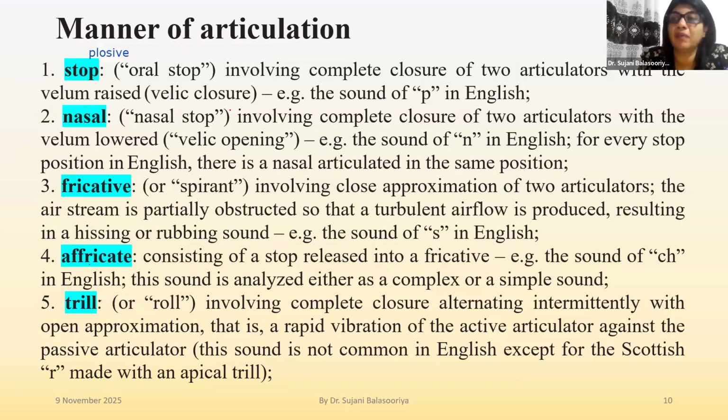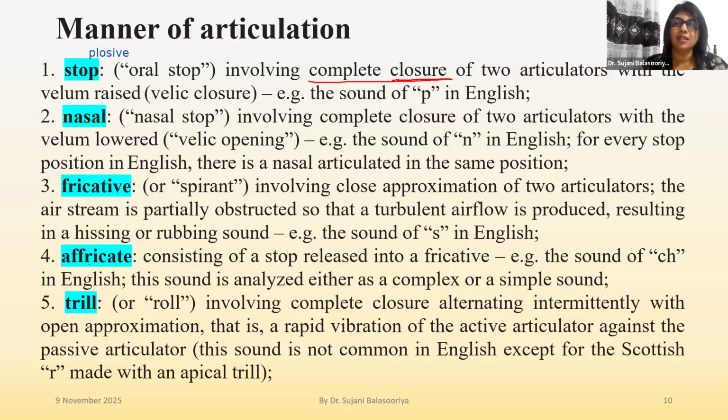So then you need to understand what happens. What type of a manner is involved in producing stop consonants? Involving complete closure. Here closure means blocking the airstream, right? Complete closure means when we produce stop consonants, we completely block the airstream that flows through the oral tract.